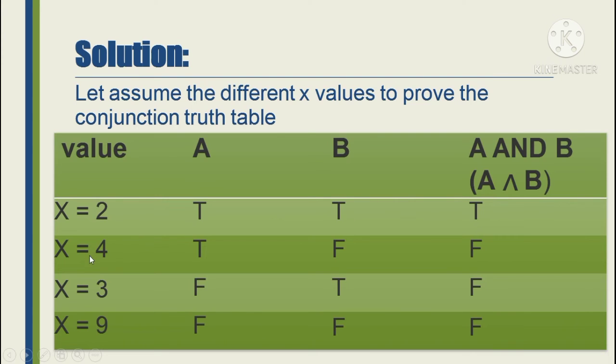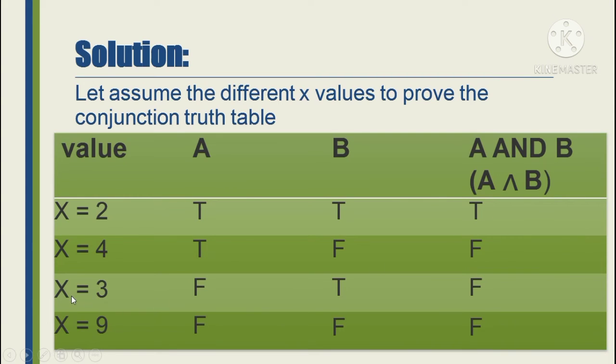Dito naman, kung ang value ng x natin is 4, sa condition ng A natin is even number, so siya ay true. Pero kung condition natin sa letter B is dapat yung value ng x is prime number, hindi siya prime number. So siya ay false. Kaya ang output niya is false.